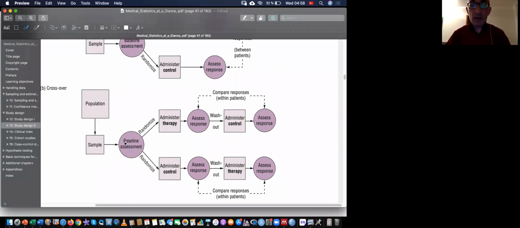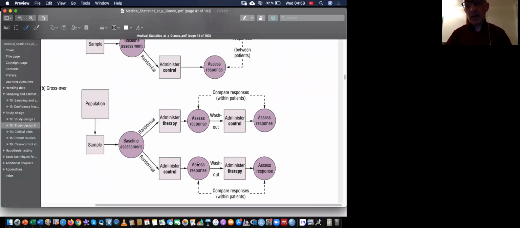After having the baseline assessment, we measure the systolic blood pressure, or anything you want to study. Then we divide the participants into two groups. One group, we give medication A again, the therapy, and the control group we give another medication. We assess the responses.